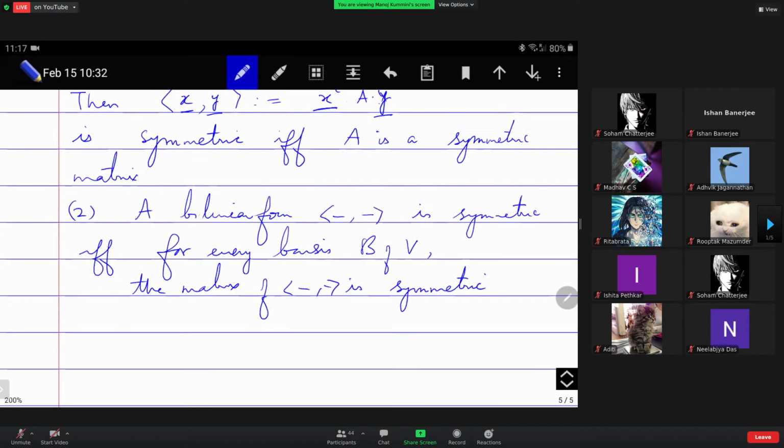In fact, if it holds for one basis, it will also hold for every basis. I'll clarify it in the proof.